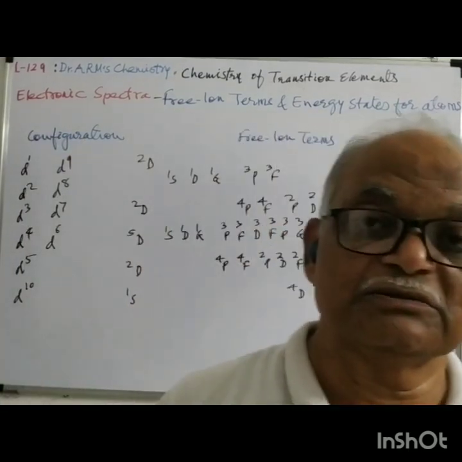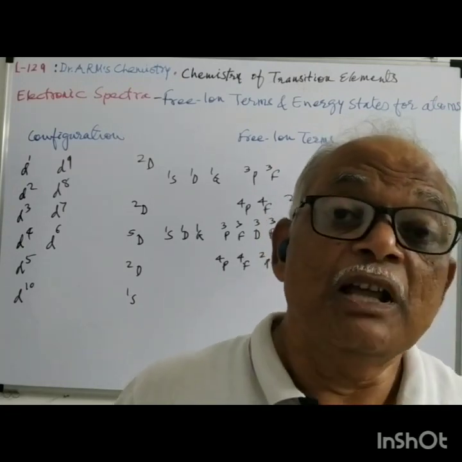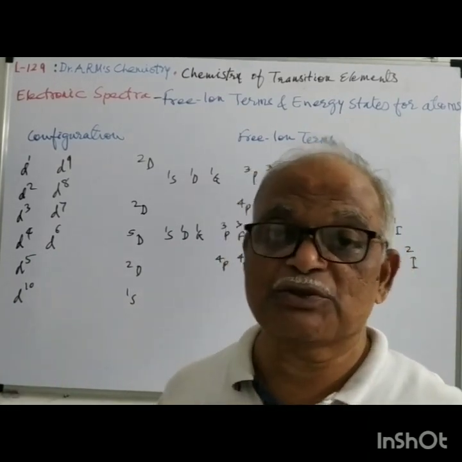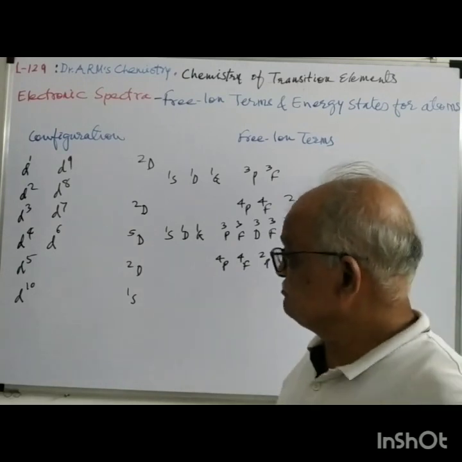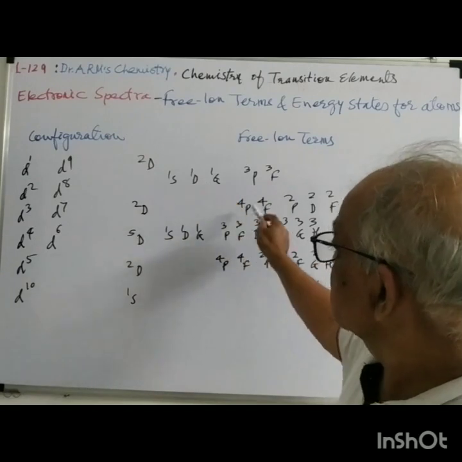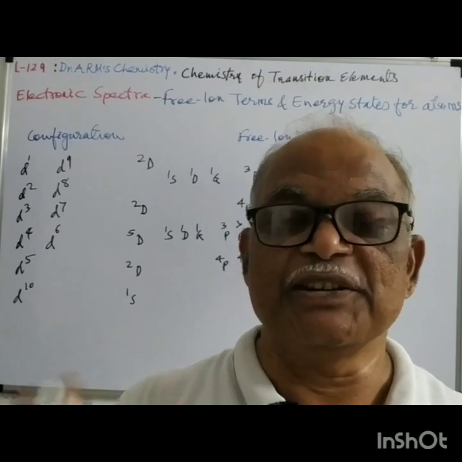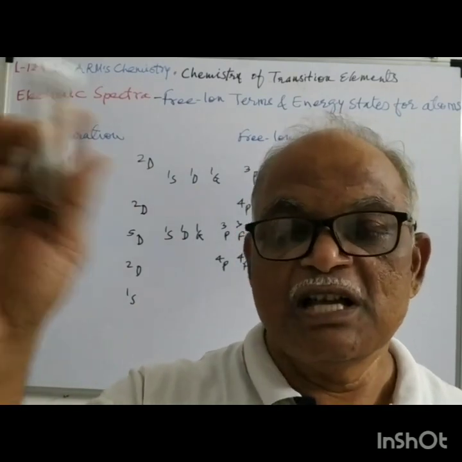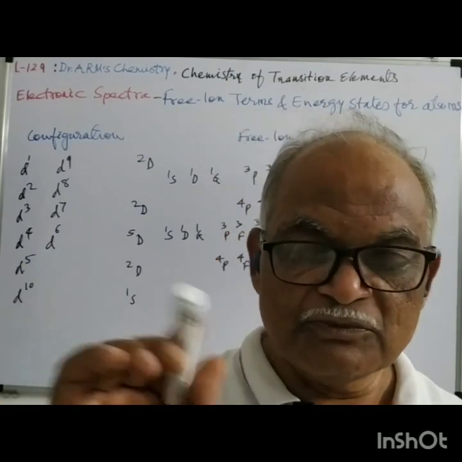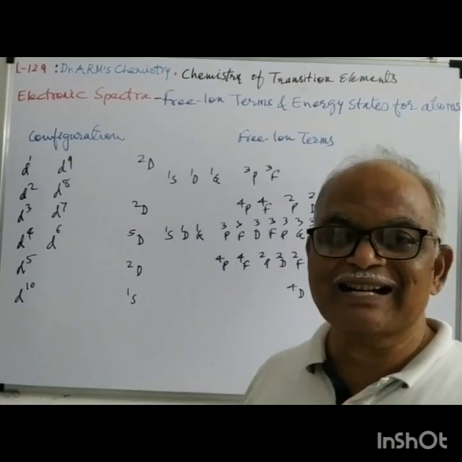When we are showing the microstates, we are showing a variety of microstates for the electrons. Then we find the number of such free ion terms for each electronic microstate, and by ignoring the not allowed states, we choose the states which are not repeated.